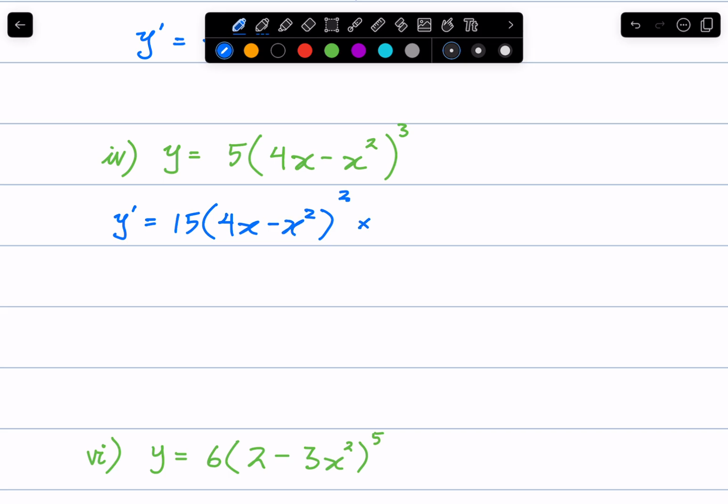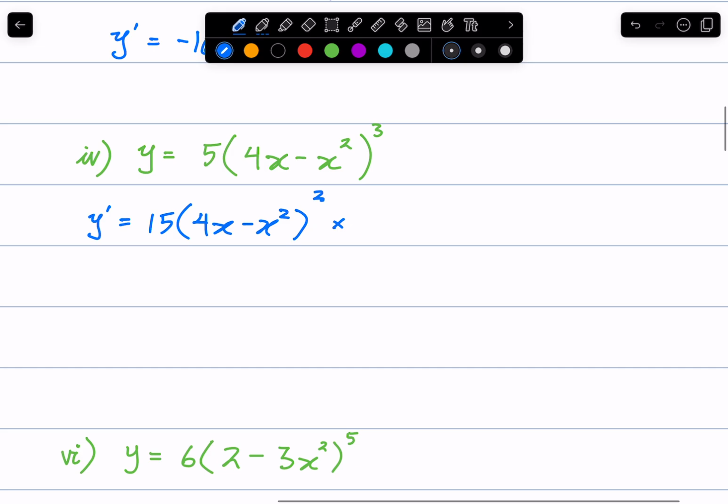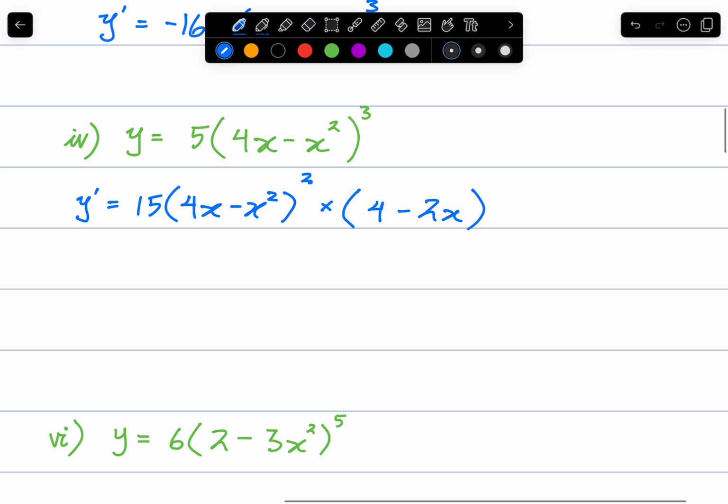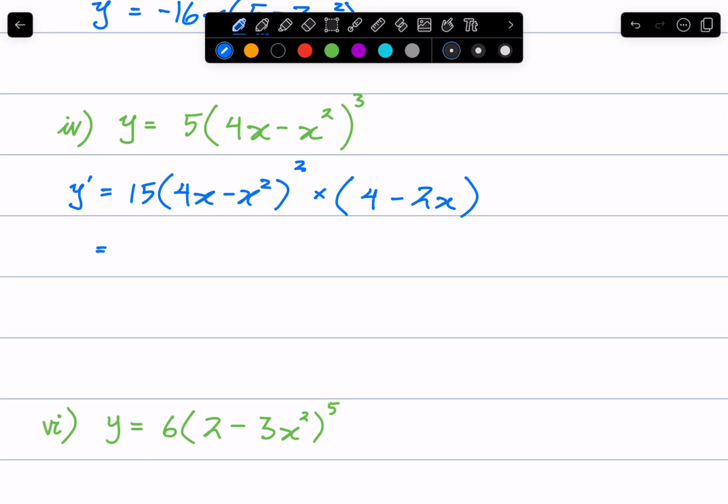And to this, we are multiplying by the inside of the function. The derivative of this inside will be 4 minus 2x. And I hope you can see this expression can be factored to become 2 outside of 2 minus x.